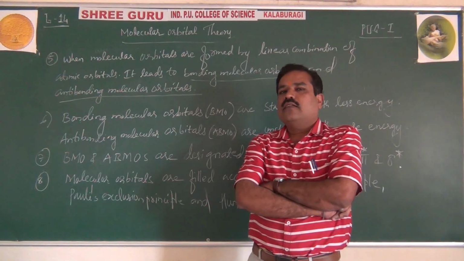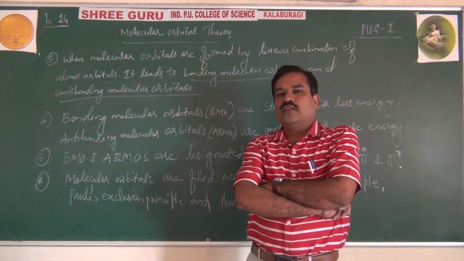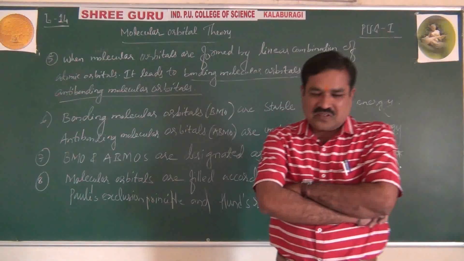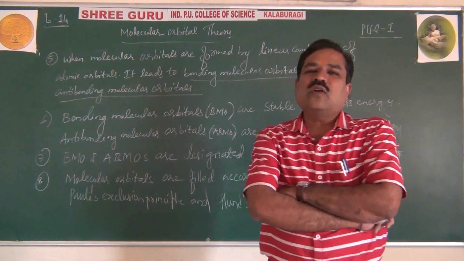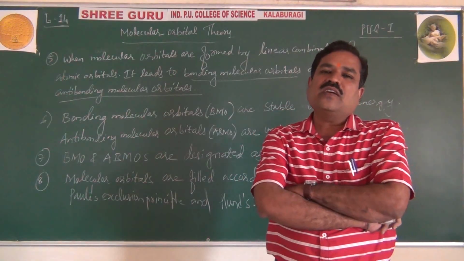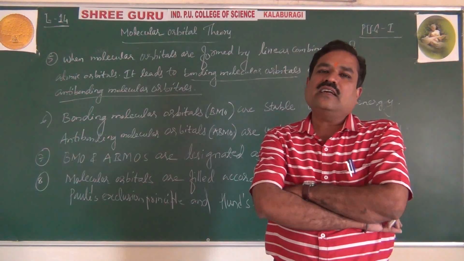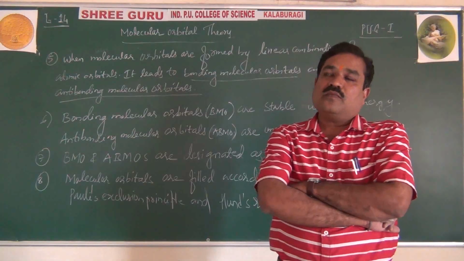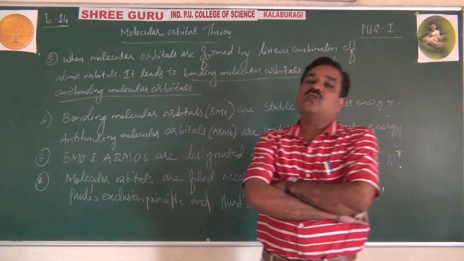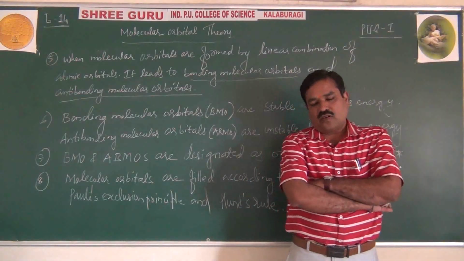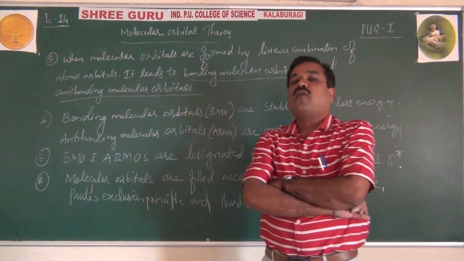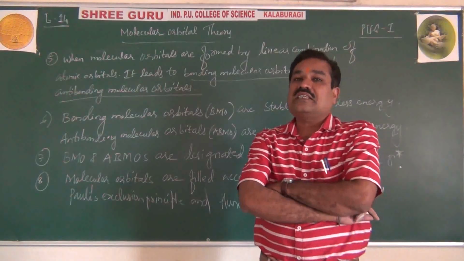Okay. Right, and this number of molecular orbitals is equal to the number of atomic orbitals undergoing combination or hybridization. But remember, the condition is only those atomic orbitals will form these molecular orbitals with proper symmetry and equivalent energy.